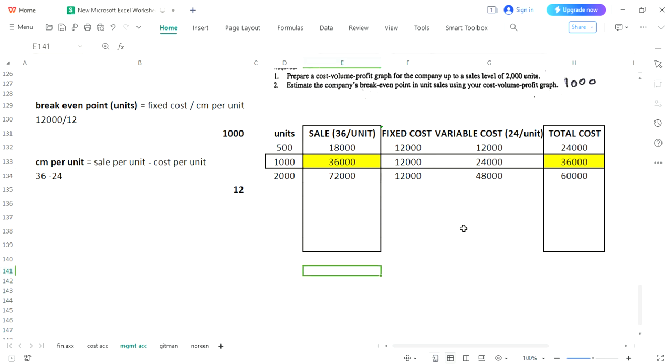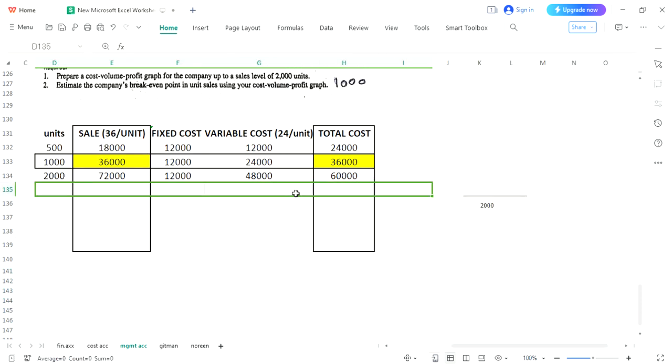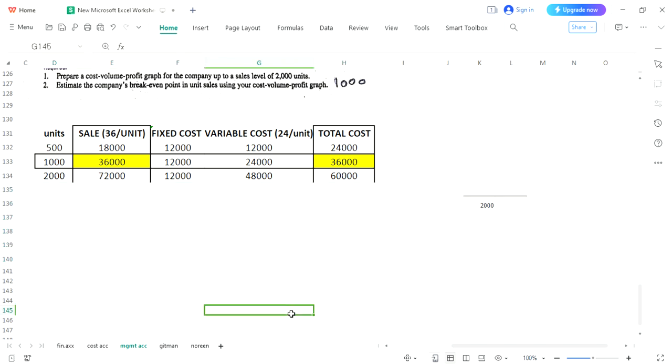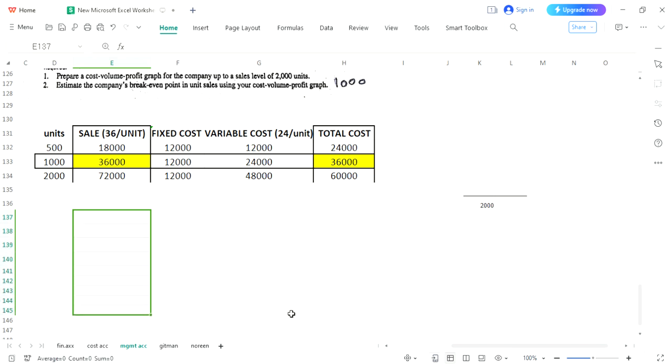I will show you what you will be doing for your graph. For the time being, we are going to make some space over here. What I said, it's your responsibility to make the graph. I will show you just the way and you will complete it. There are two axes on any graph, as you know.